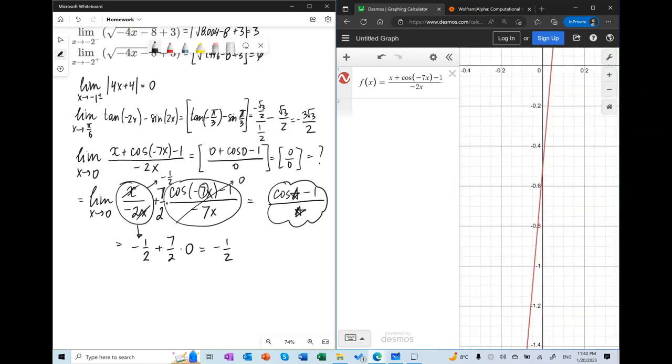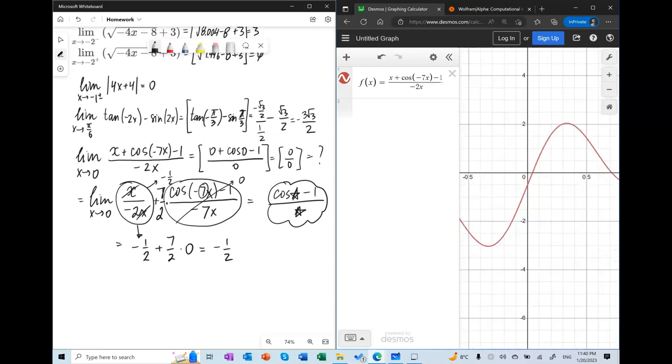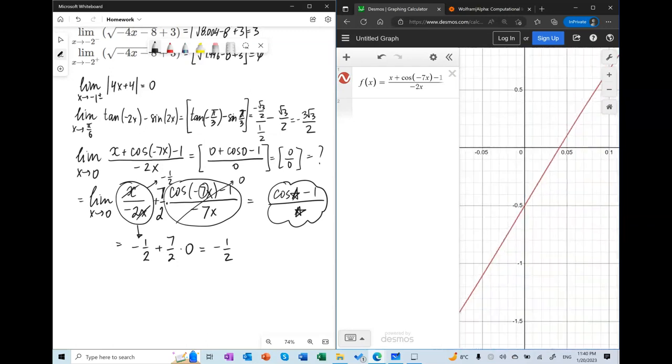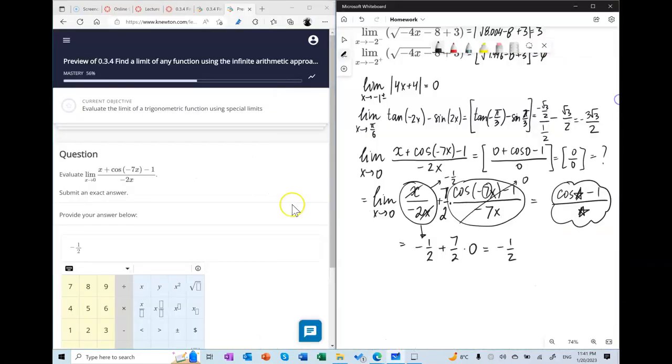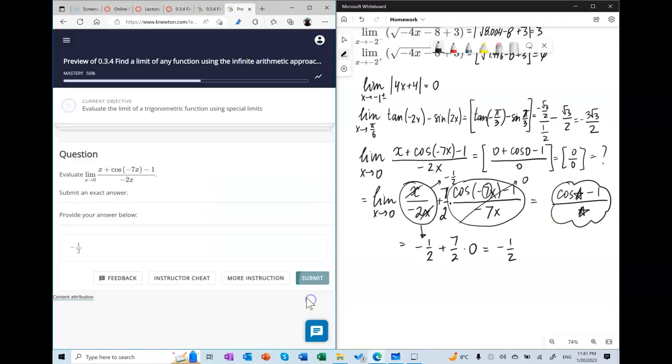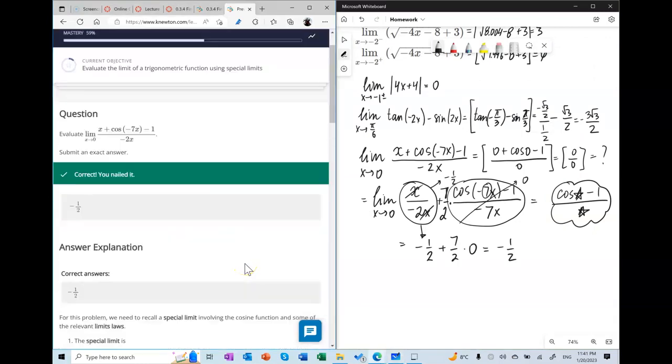At 0, this function approaches -1/2, right? Which is pretty cool. We learned that analytically. So before you submit the answer, you can always check your work.